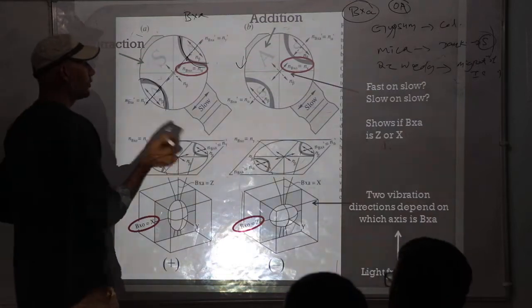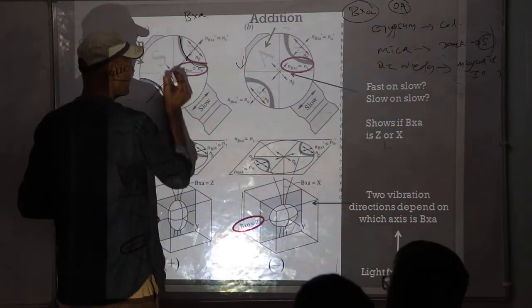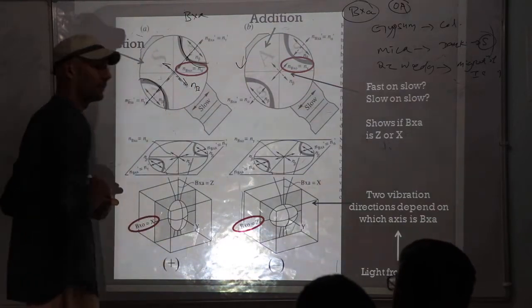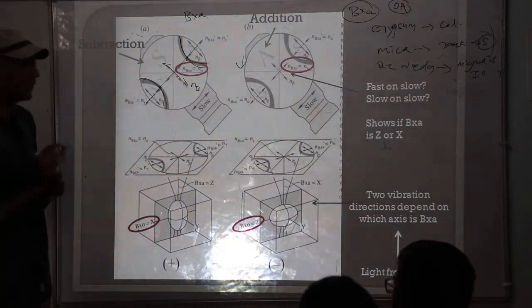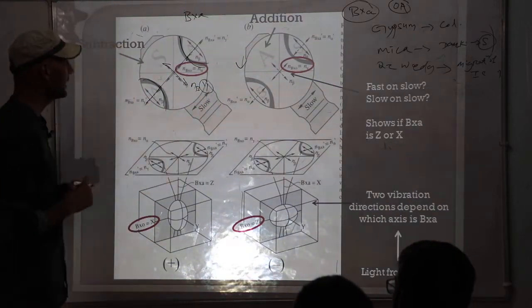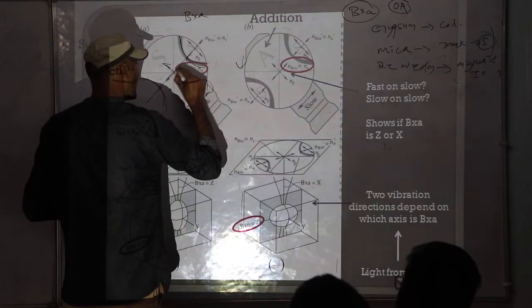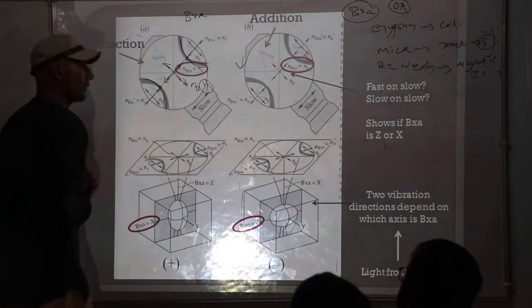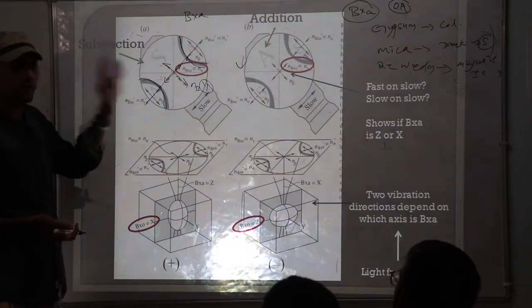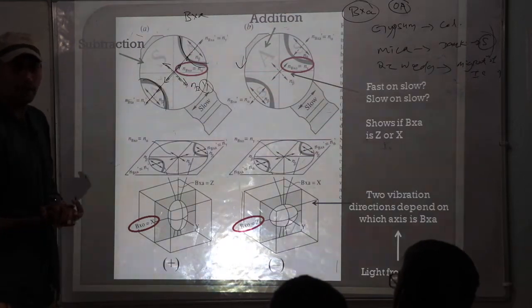As I have told, if you are getting the optic plane, you can know that the perpendicular is n beta, that is Y. Now you have to find out which ray is vibrating parallel to the optic plane, so that you can find out the acute bisectrix.